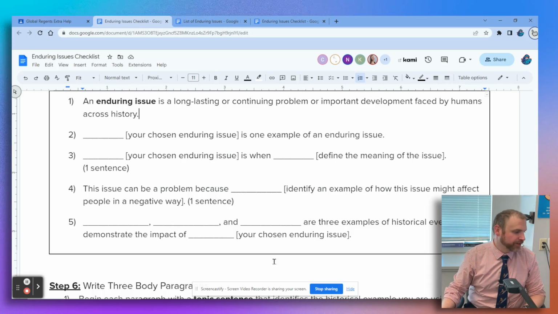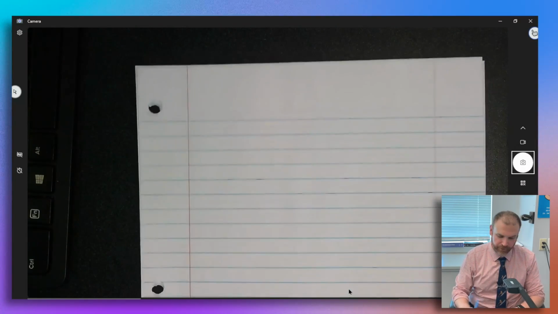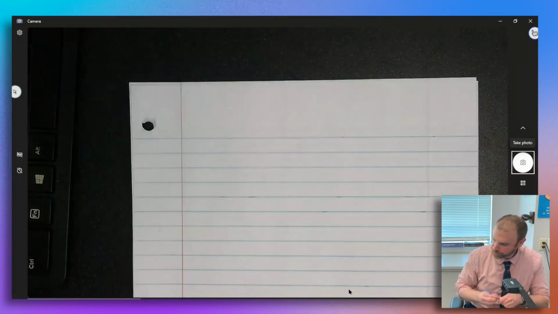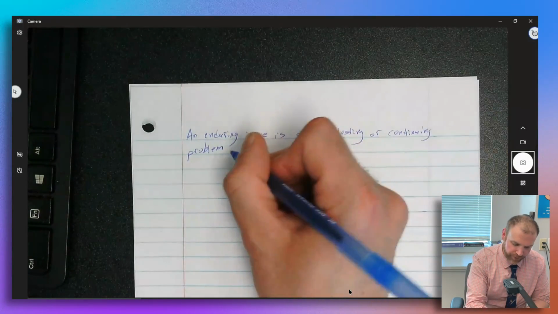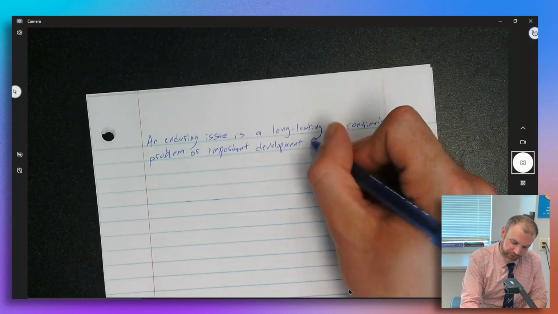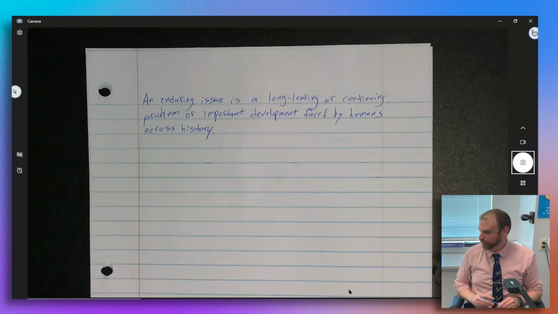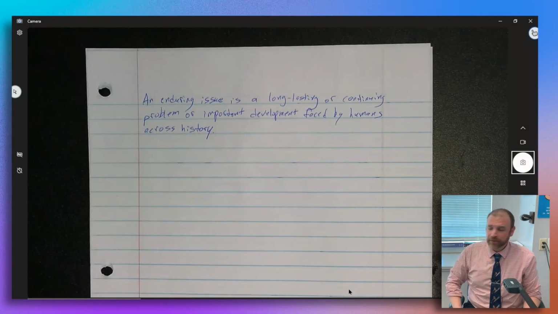Okay, so I'm going to begin my essay exactly like that. Feel free to type along if you'd like. An enduring issue is a long-lasting or continuing problem or important development faced by humans across history. If you open up your essay with defining an enduring issue, it's a great grabber sentence. It's going to convey to the reader right away that you know what you're doing.